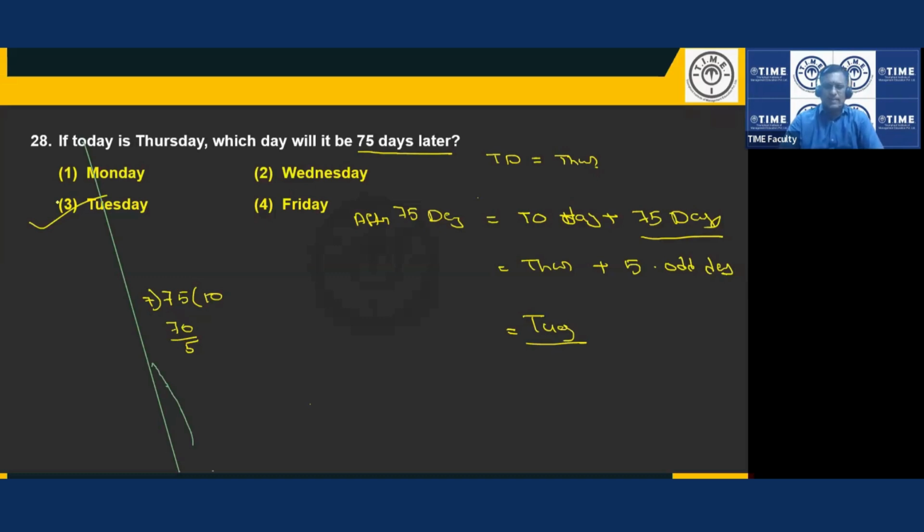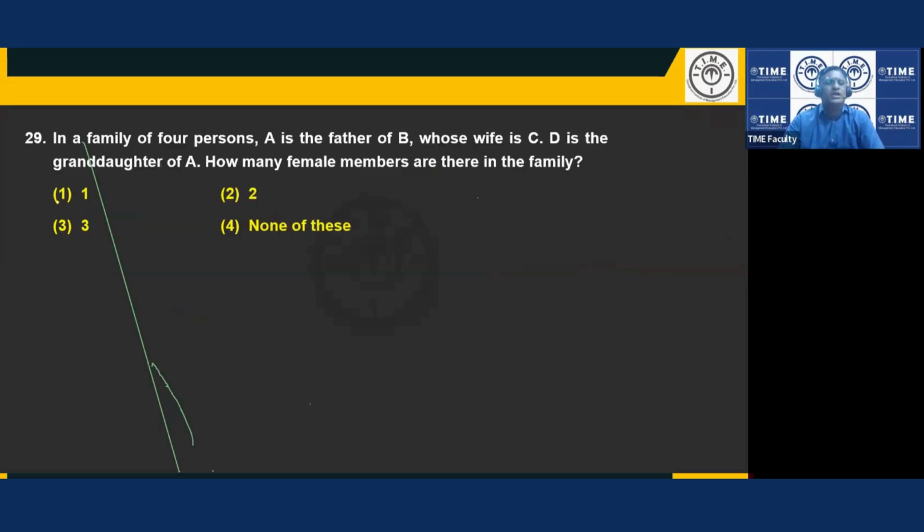Next. In a family of 4 persons, A is father of B. Blood relations law: father is always in the previous generation. The plus symbol is known as male. A is father of B, whose wife is C, meaning B's wife. B has a wife C, so C is female and B is automatically male.